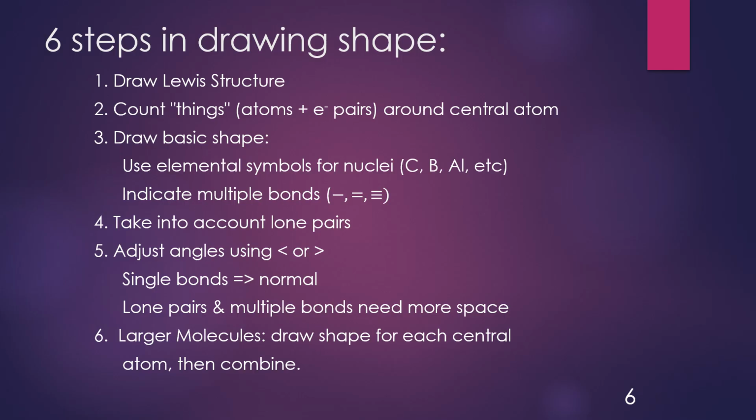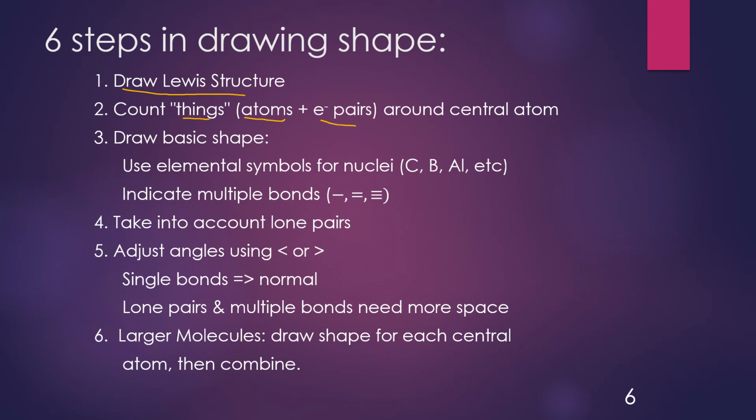There are 6 steps when trying to figure out the shape based off of the Lewis structure. First off, you need the Lewis structure, so that's why it's the first step in this lab. Next, you count the things around the central atom. When I say things, that means each atom counts as a thing. It doesn't matter if it's bonded with a single, double, or triple bond, it's just one thing.